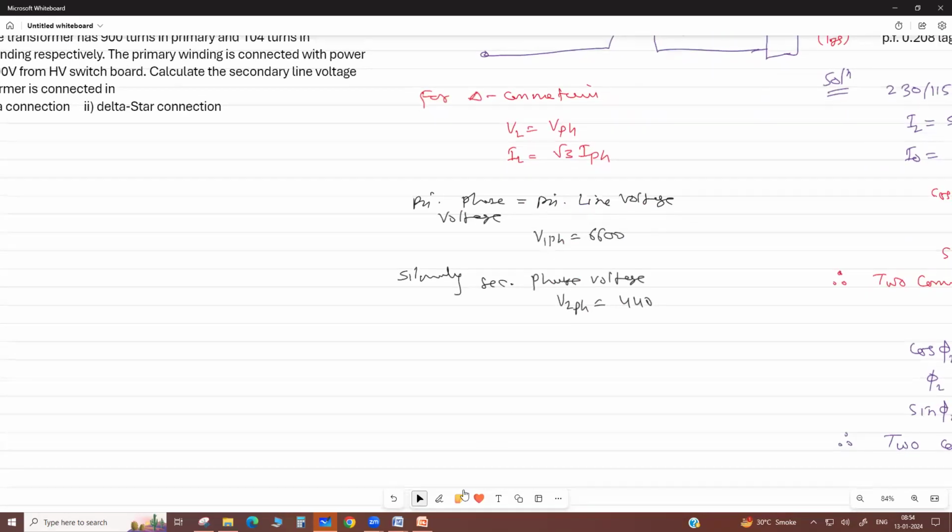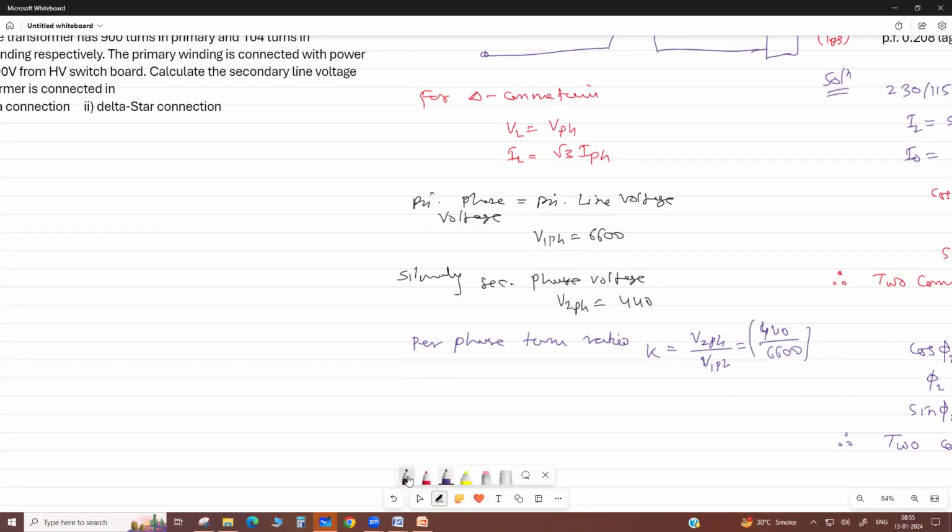Okay, then we can calculate the per-phase turn ratio. K equals V2 phase by V1 phase. So it is 440 by 6600. यहाँ से टर्न रेशो आएगा. Then now the primary line current is given, line current.